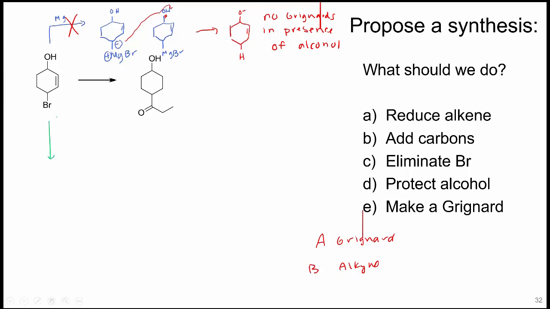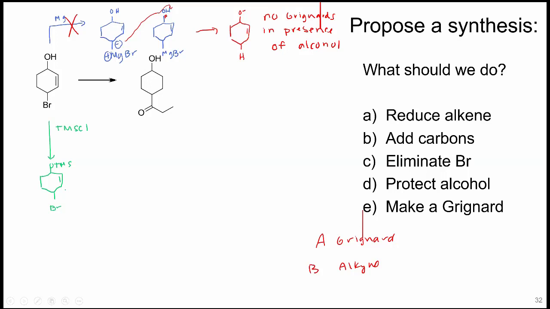To protect our alcohol, we're going to use TMS chloride. That'll put an OTMS here. And if you notice in the second molecule, we don't have a double bond.